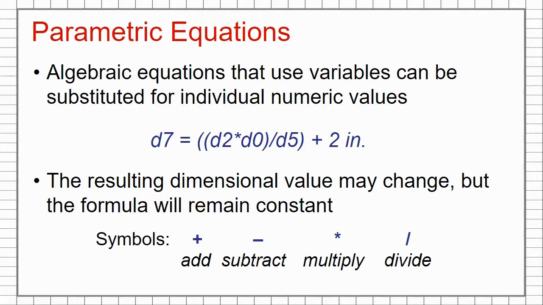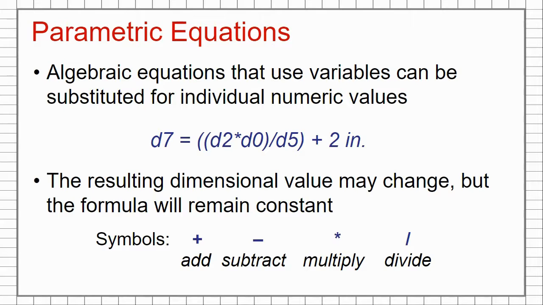Sometimes, for certain models, you want to create a relationship that's more important than the actual numerical value of the dimension. So instead of typing in a specific number, if you want that number to be flexible for making different changes in your model, you'd use algebraic equations to do this instead.